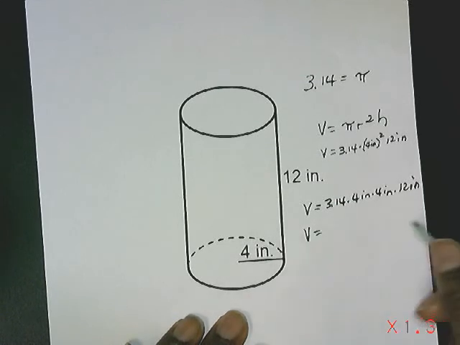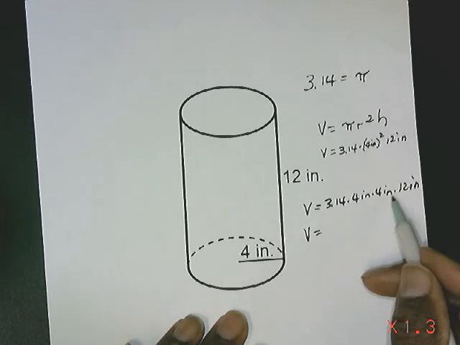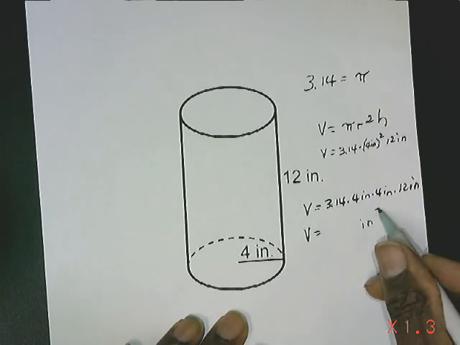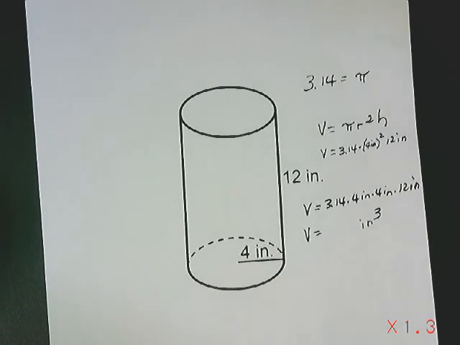V is equal to, I have an inch here, an inch here, an inch there, so my answer will be inches to the third power. I will let my calculator do my work for me now.